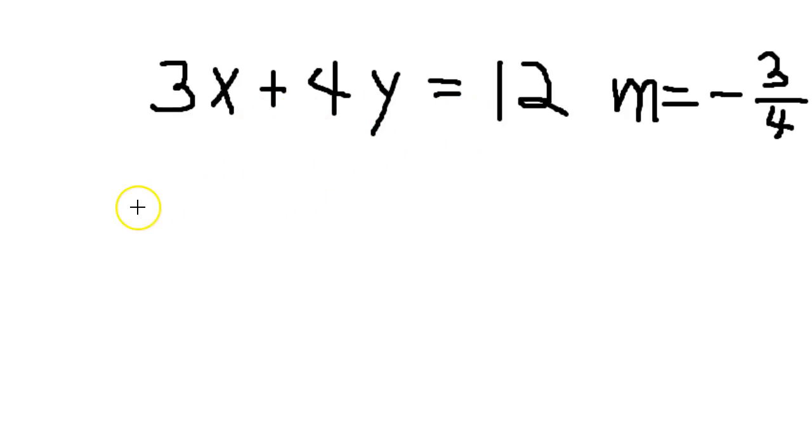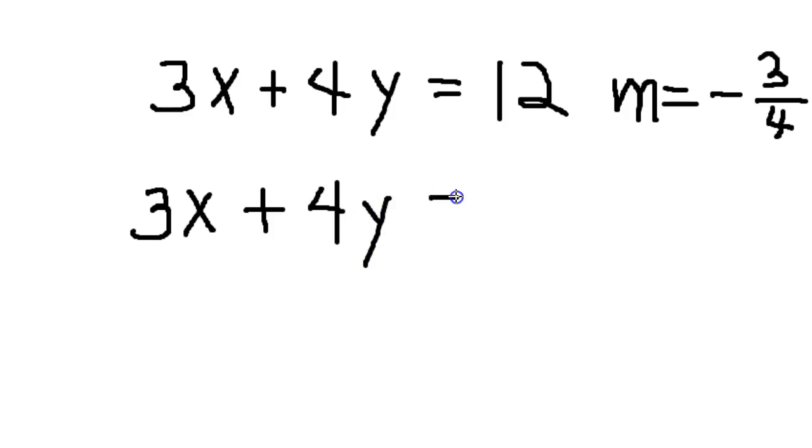What that means is that any other line represented by an equation that has exactly the same left side, in other words 3x + 4y, equals C, where C can be any real number.